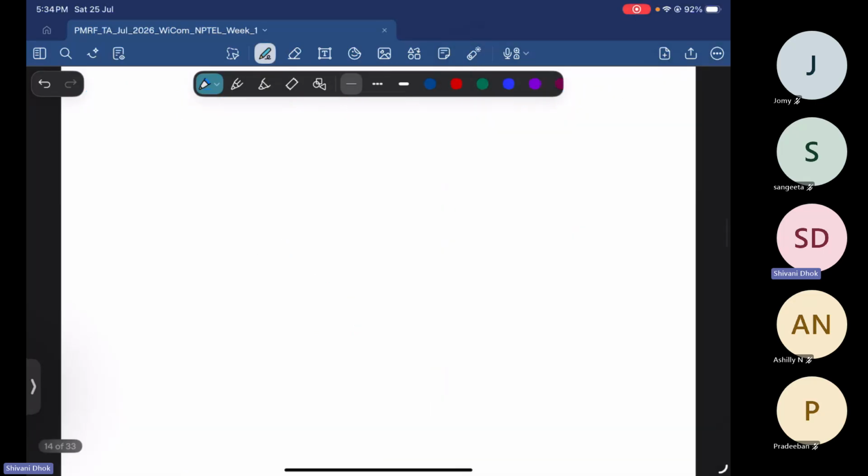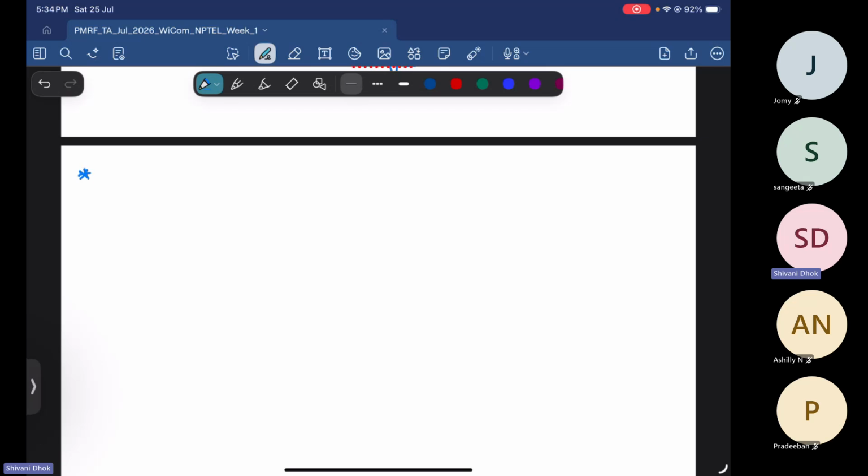So what do we get from this discussion? The quantization levels can be represented using 8 bits. So every quantization level can be associated with 8 bits.